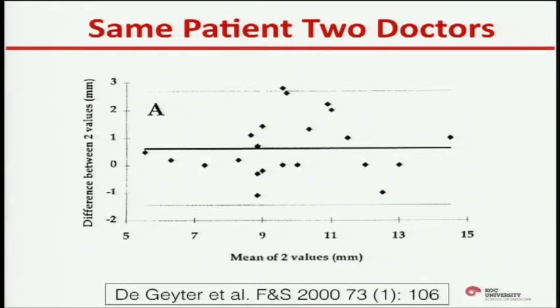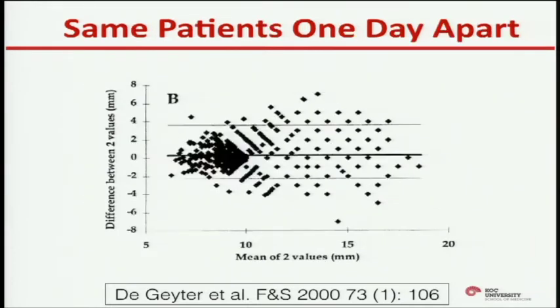And a larger subset from the same study, it's the same patient, same doctor, 1 day apart. Well, obviously, the endometrium would grow in a day, but would you expect it to grow as much as 4 millimeters a day? Or even shrink by 2 millimeters a day?